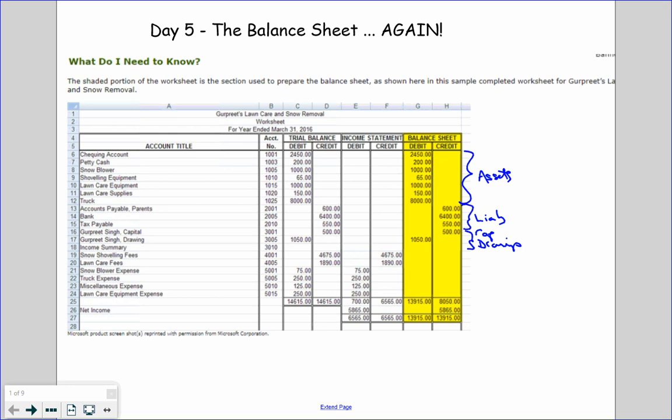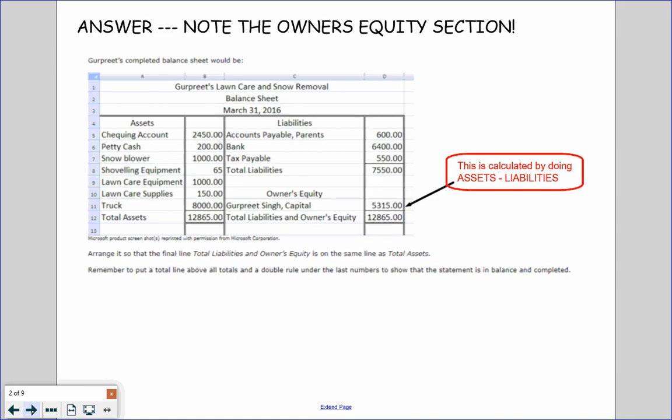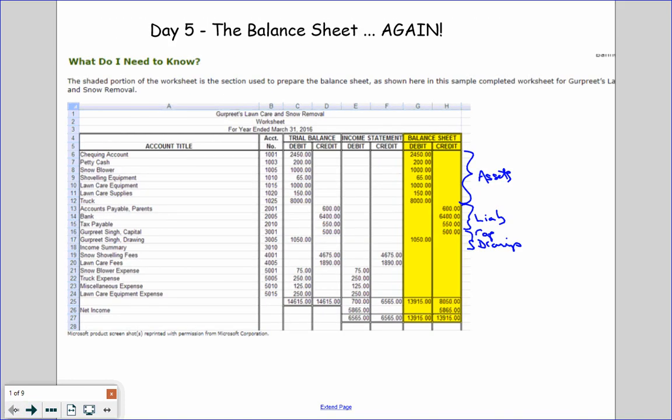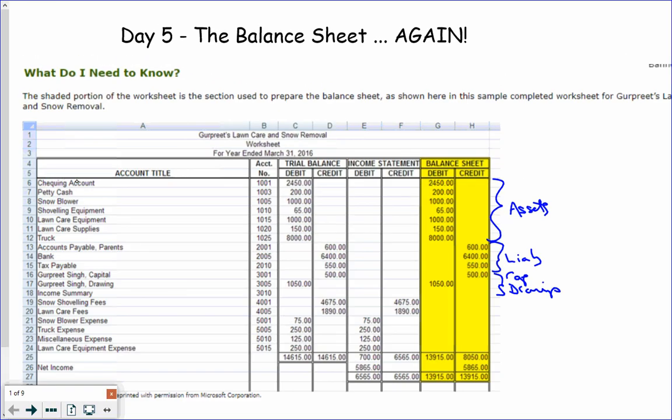Okay? So what we're going to do is we're going to take that information and we're going to put it back onto a regular balance sheet. But what we're going to monkey with is the capital. Okay? That's what we're going to mess with. So we're going to take this information and put that onto a balance sheet.